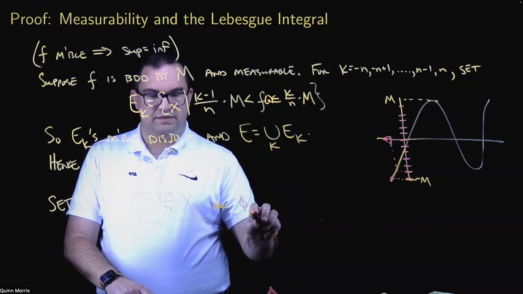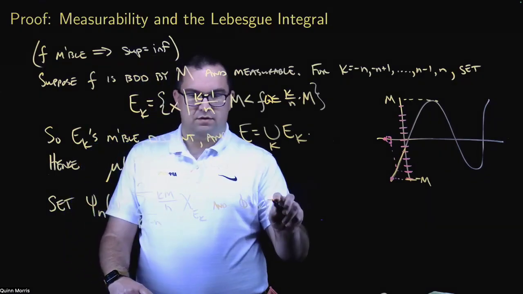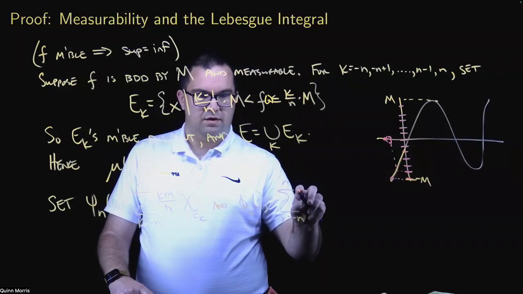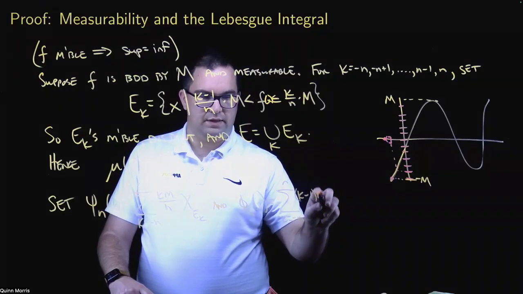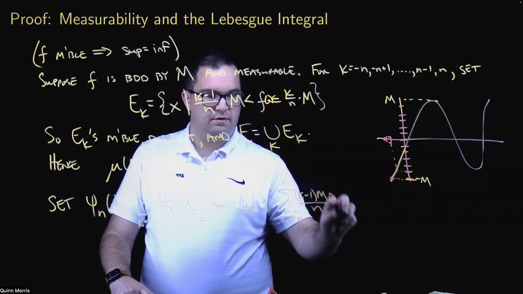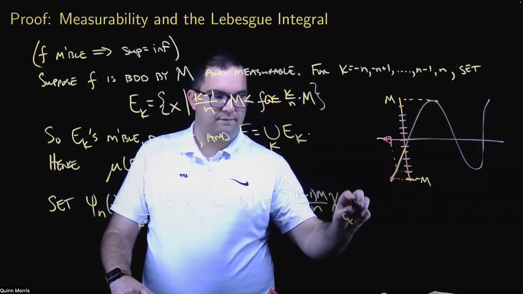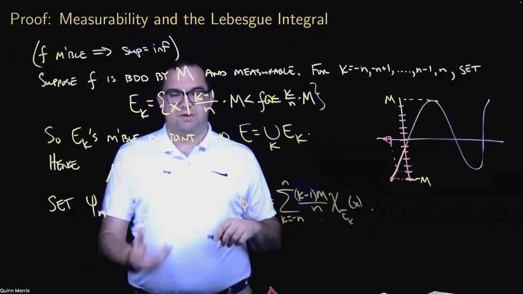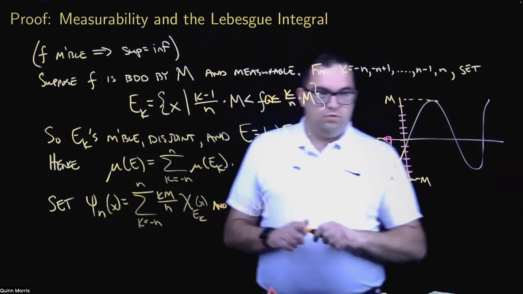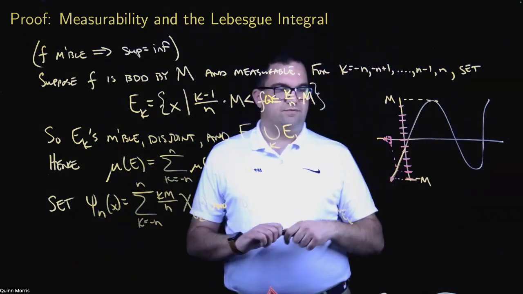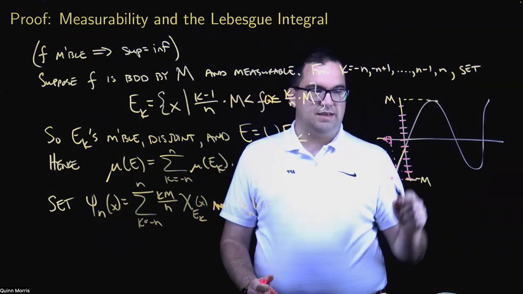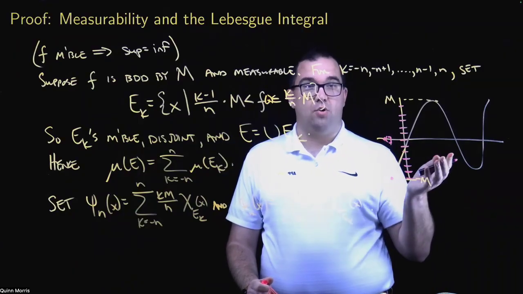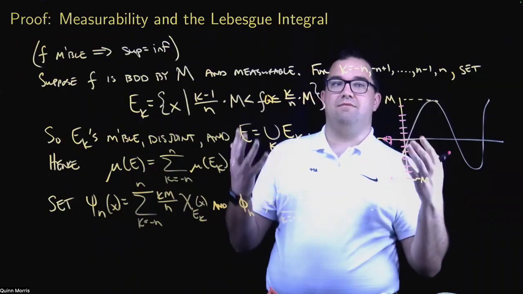And I'm going to define phi sub N of X to be the sum K equals minus N to N of K minus 1 M over N chi of EK. All right, what is this doing? What this is doing is it's coming on each of these little intervals, and essentially it's saying, I want to create a simple function that lies below F and a simple function that lies above F.